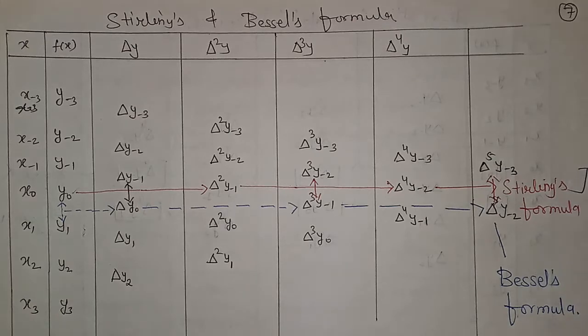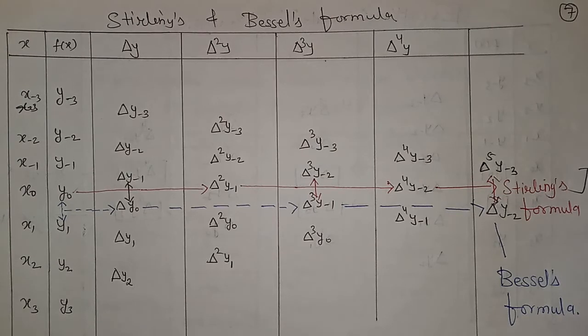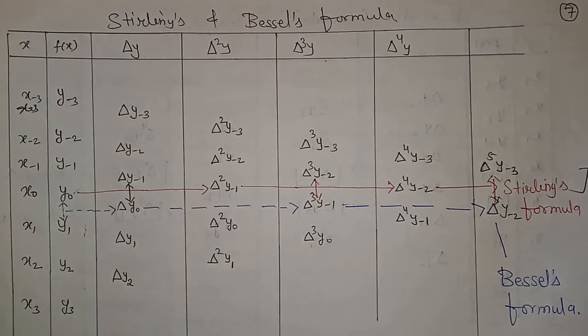When we are finding the value of y for any x at the center, we give notation in such a way. In Gauss forward and backward interpolation, we give notation as x0, x1, x2, x3 and so on. But in these central formulas, we always give the center value as x0. It depends on the question.